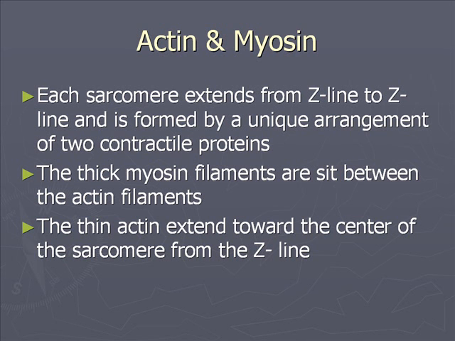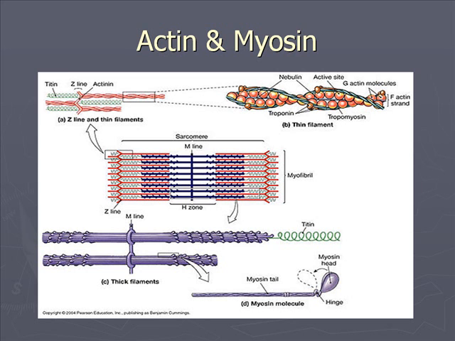The actin filaments are the thin filaments that extend toward the center of the sarcomere. And they actually overlap. And because they overlap, as they contract, the muscles will contract. It's basically this series of reactions that take place between the protein filaments that allow muscles to relax and to contract. And again, in the illustration, you can see that a lot more.